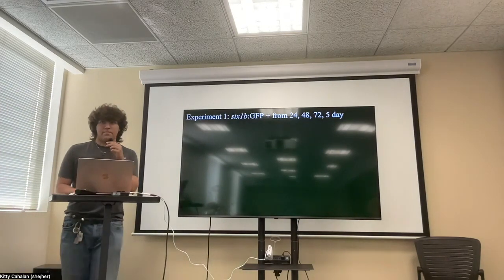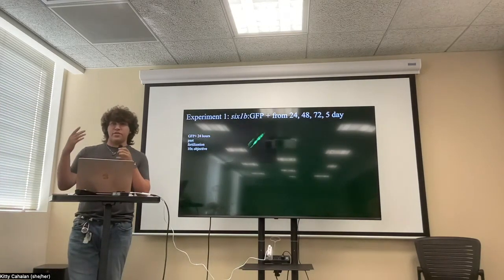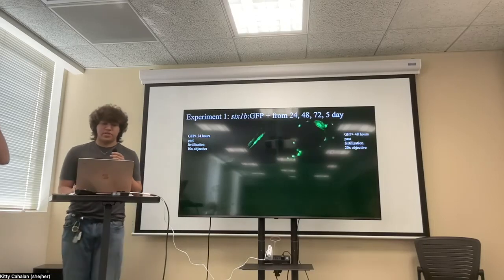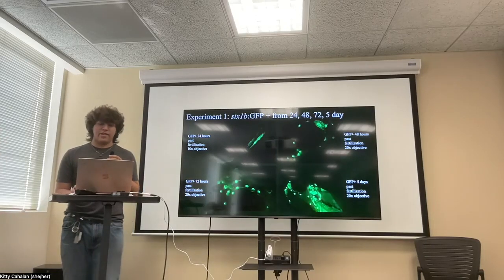For experiment 1, we have different samples of time courses of these zebrafish embryos. We have 24 hours post fertilization, 48 hours post fertilization, 72 hours and 5 days.